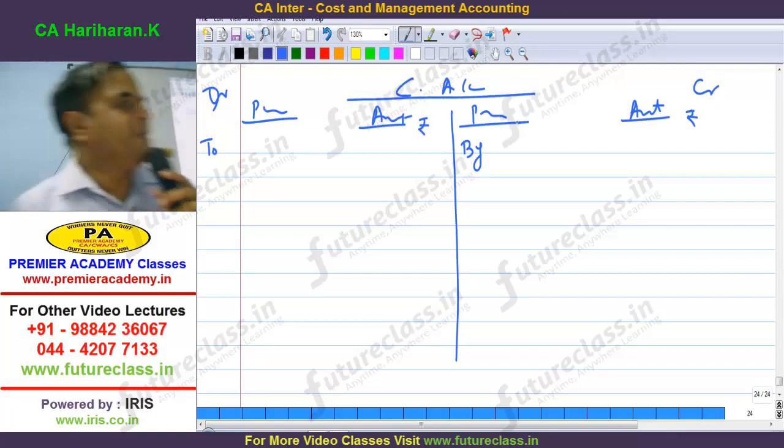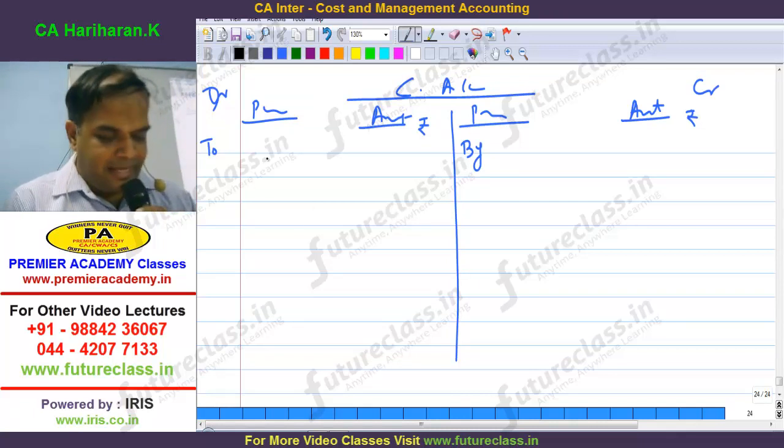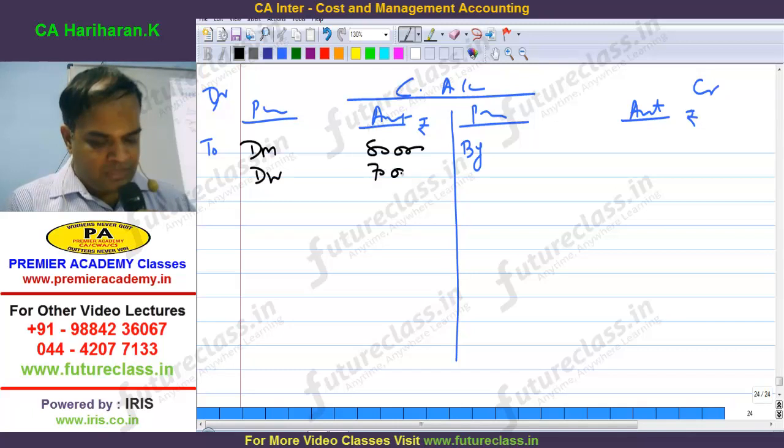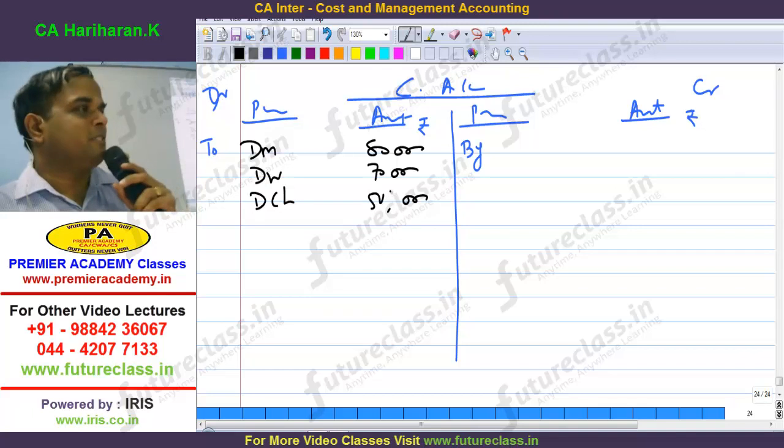Now, the debit side has all expenses. What are the first expenses? Direct material. How much direct material? 80,000. Direct wages. Next one, direct charges, 50,000. Debit side, all expenses over.